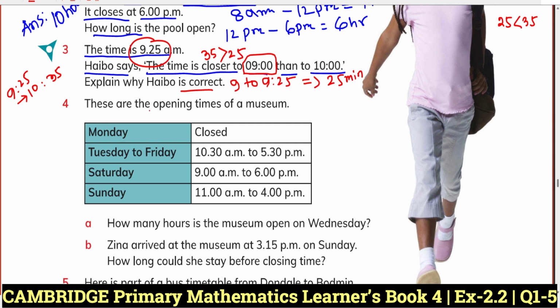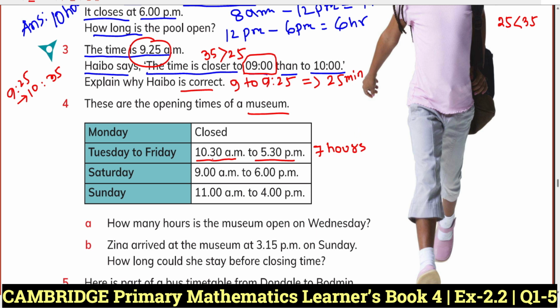Question 4. There are opening times of a museum. Monday closed, Tuesday to Friday, 10:30 a.m. to 5:30 p.m. So what is the timing in here? We can write on the right side 7 hours, right?